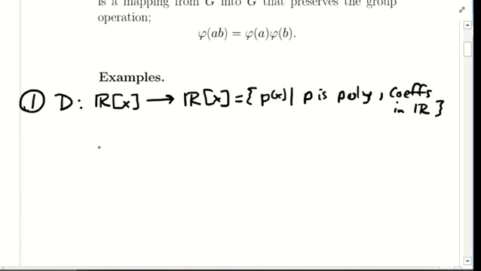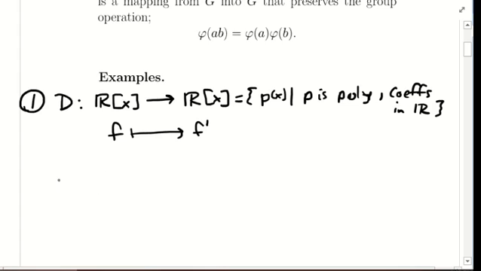And what am I going to do? I'm going to take a polynomial and I'm going to map it to its first derivative. Oh, the group operation here is addition, right? So we know that the derivative of f plus g is equal to the derivative of f plus the derivative of g.